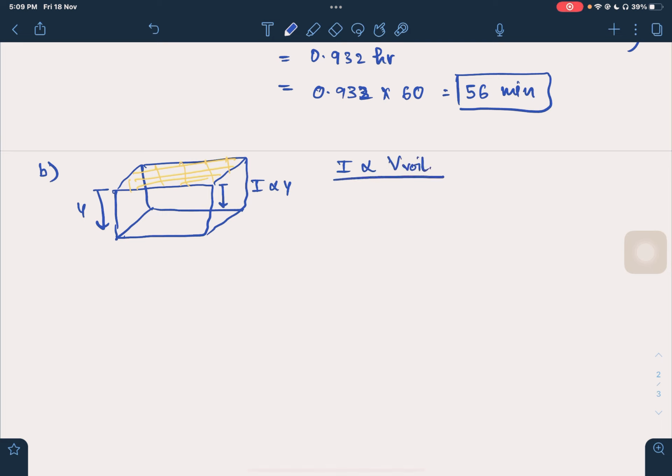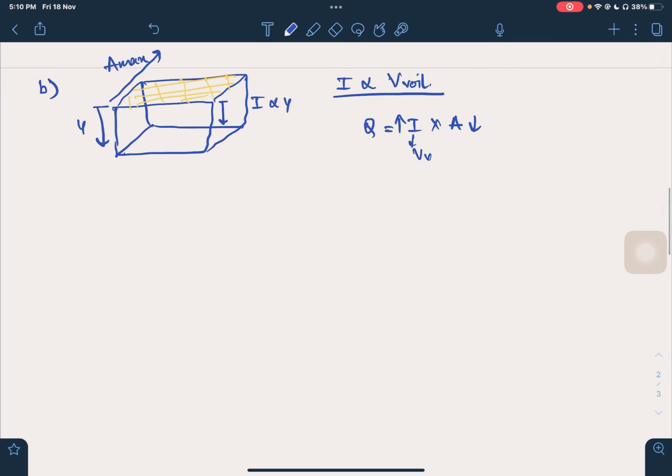That is, the more the volume of voids, the more of the water will enter into the depth Y, and we can clearly see that the area that is supposed to be irrigated, that is A max, will be reduced because we have the formula Q is equal to I into A. If the infiltration rate increases because the volume of voids is more, A max will be reduced.